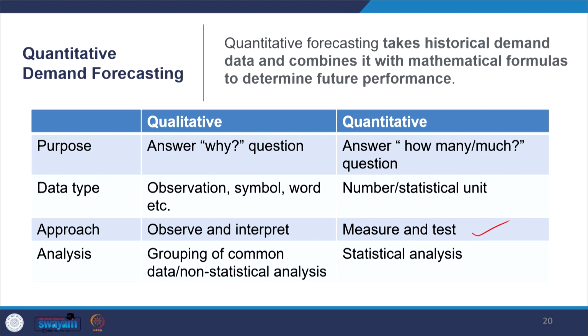Finally, when you come to the analysis, here you are basically talking about grouping of common data, bringing all data which are similar in nature into one group, and then trying to do some kind of interpretation. So, the analysis we do is more like a frequency. But on the other side, in the statistical analysis, we are trying to measure the level of confidence, the significance value and all, to check the accuracy of the data and how correct it is.